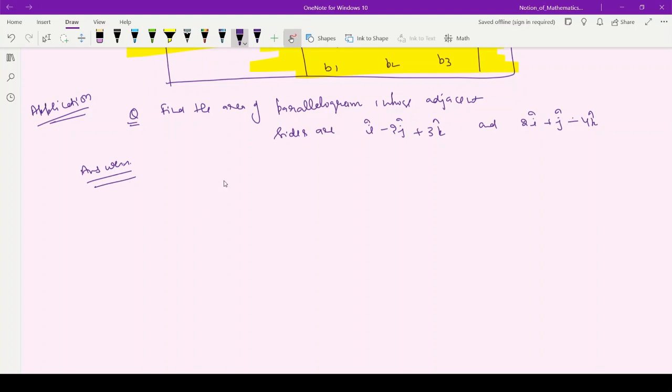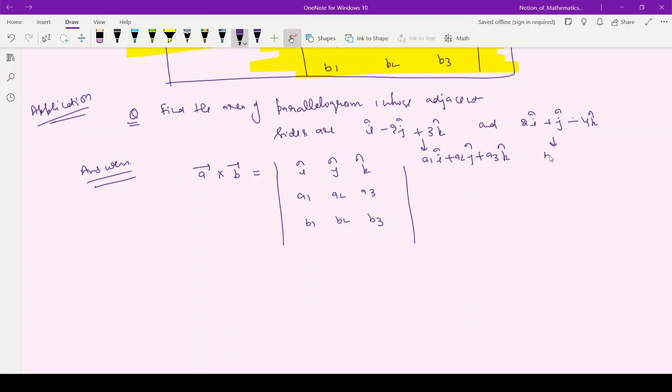So students, if we will talk about the vector area of this particular parallelogram, that will be given like A vector cross B vector, and earlier I told you that is I cap, j cap, k cap, a1, a2, a3, b1, b2, b3. So we may compare it like a1i plus a2j plus a3k, and you may compare it like b1i plus b2j plus b3k.